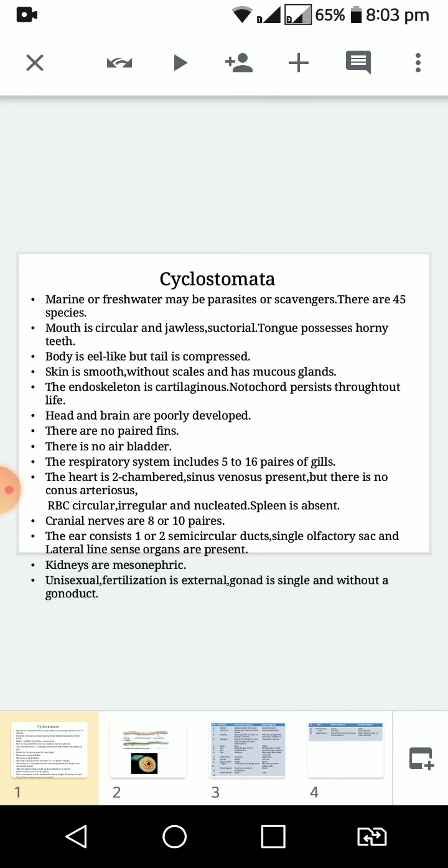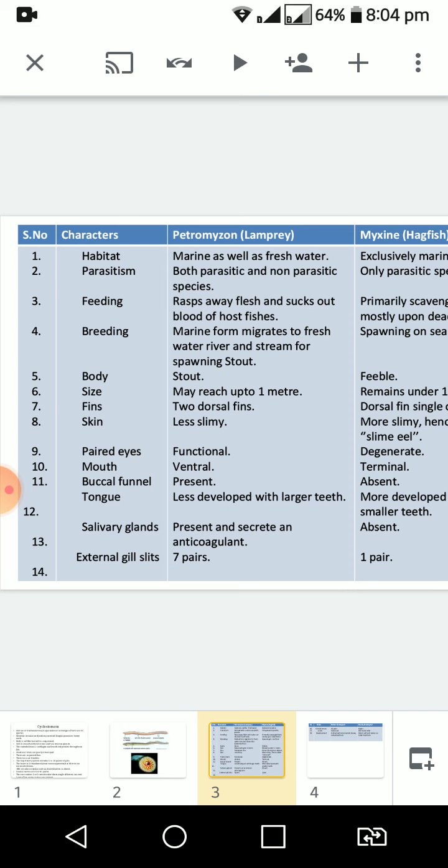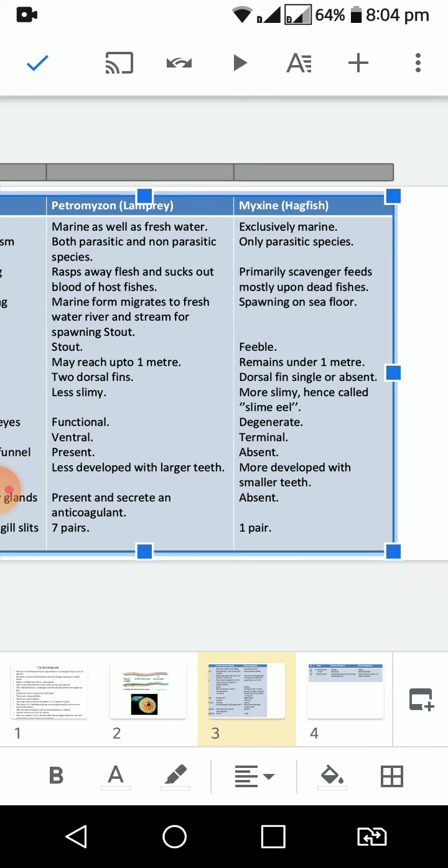Now we will see the differences between Petromyzon and Myxine. We will discuss these characteristic features one by one. This is very, very important.